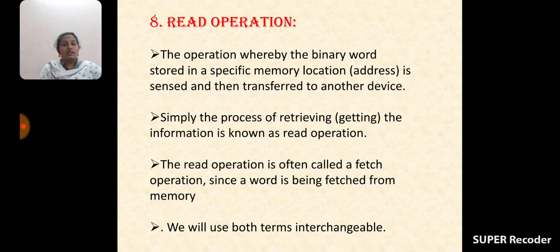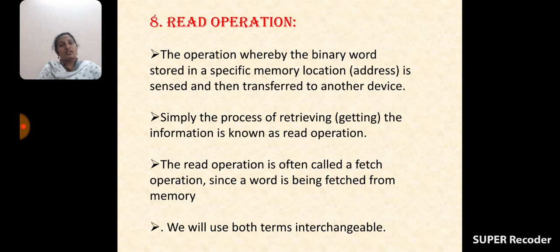Reading means retrieving the contents from the memory, or the data may be transferred from one device to another. The operation whereby the binary word stored in a specific memory location is sensed, detected and transferred to another device.